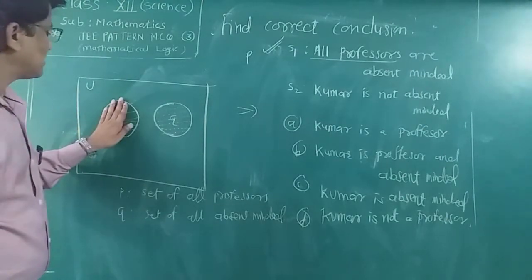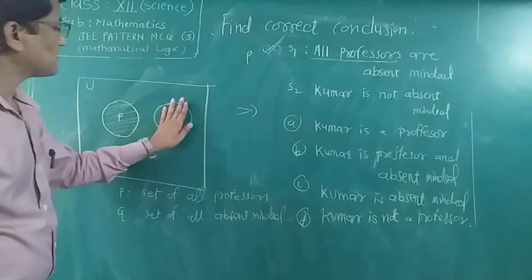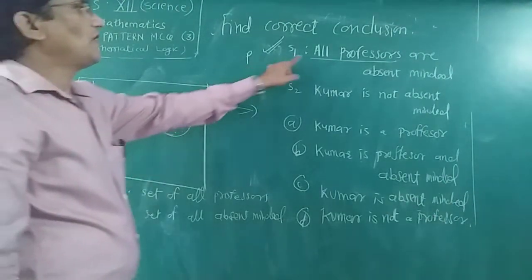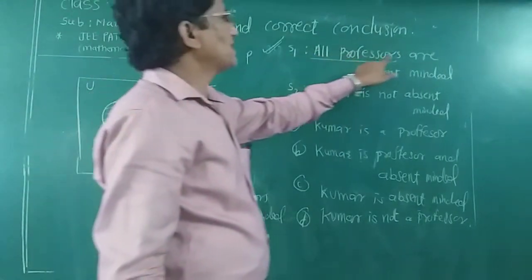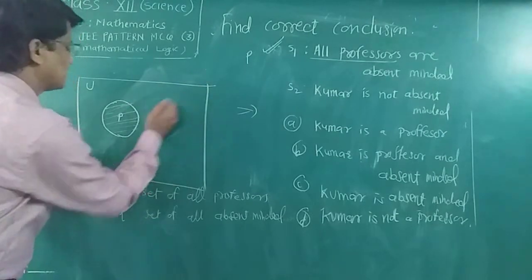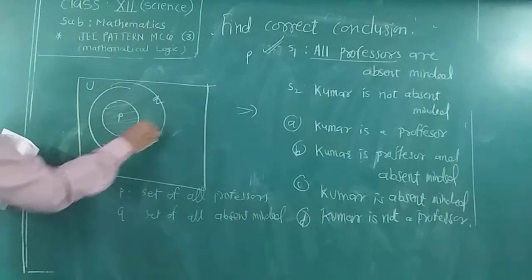Here all professors are different from the absent-minded, and all absent-minded are different from the professors. But what is the meaning of this? All professors are absent-minded means we have to draw another circle outside, like this. Now, the big one.